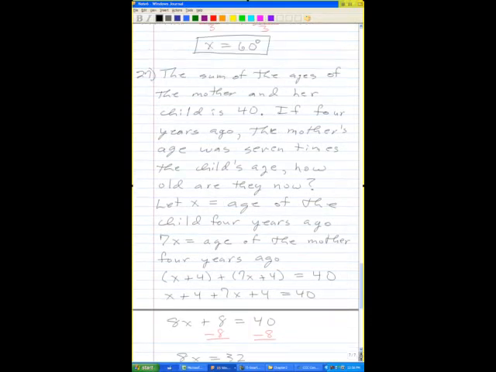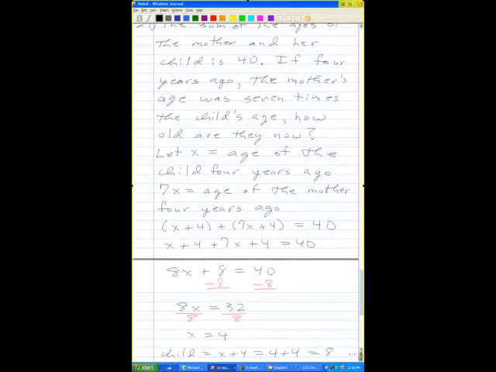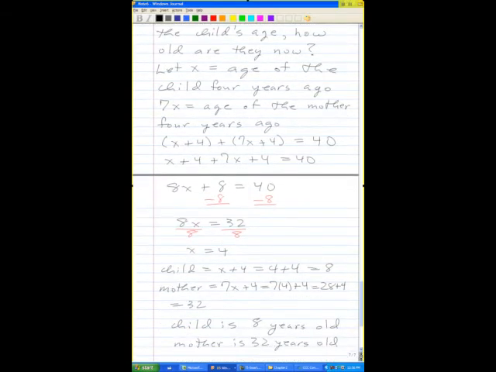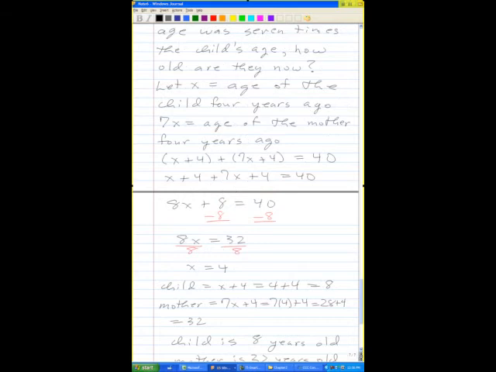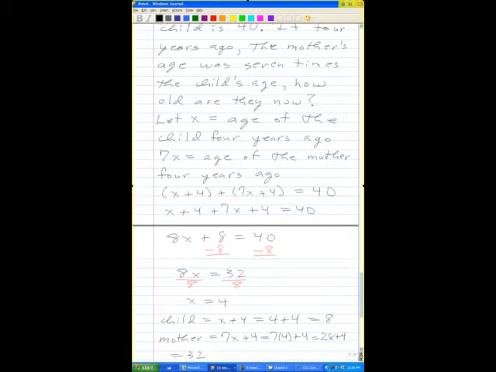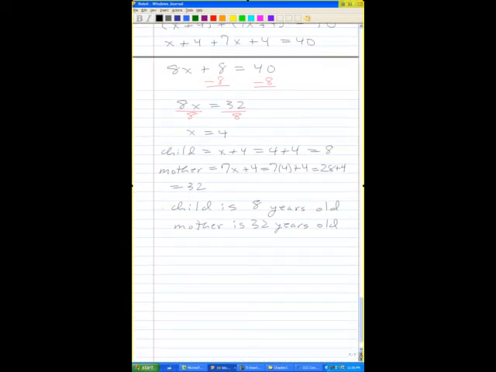Well, the sum of the ages of the mother, 32, and her child, 8, is 40, correct. If 4 years ago, well, 4 years ago, the mother was 28 years old and the child was 4. So the mother's age was 7 times the child's age. Well, yeah, the child's age was 4. 7 times 4 is 28, and that was the age of the mother. So, yes, this is correct.